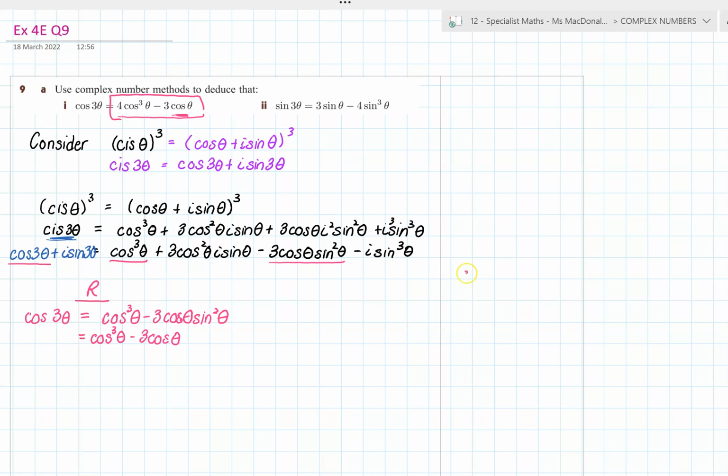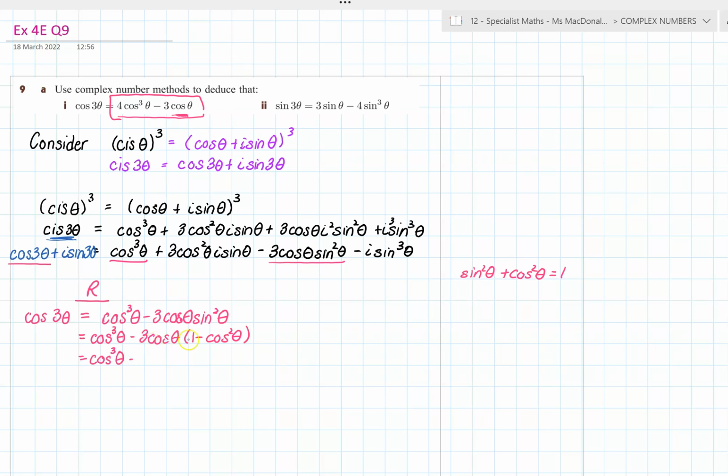We know sin²θ plus cos²θ equals 1. So therefore, sin²θ will be 1 minus cos²θ.